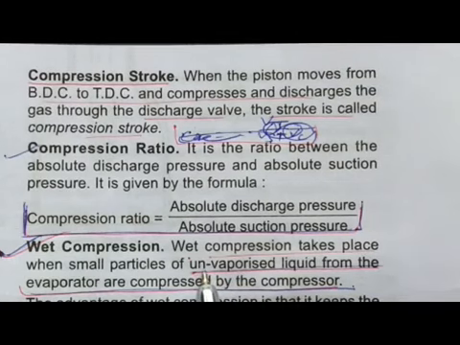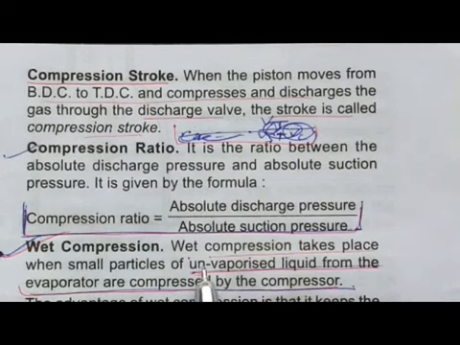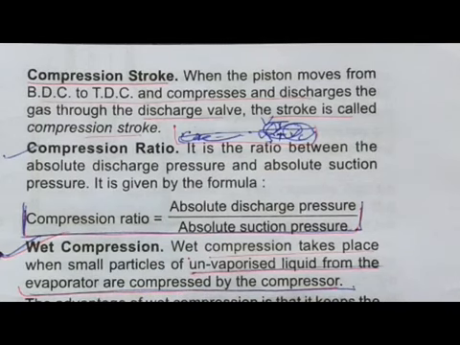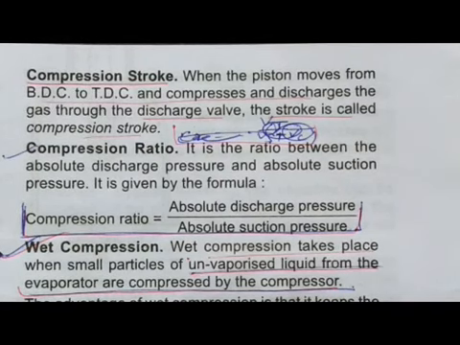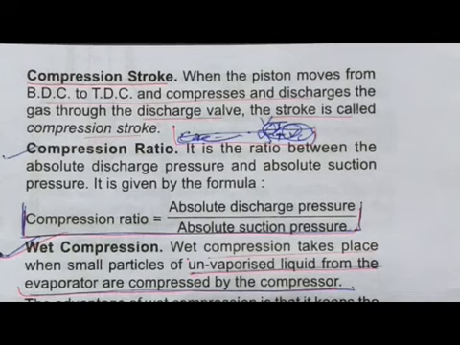When the vapor contains some amount of water droplets, liquid droplets, and that is getting compressed by the compressor, that is called wet compression. The advantage of wet compression is that it keeps the compressor cool, since the condition of the refrigerant is still liquid. Droplets are there, so that works as a coolant for the compressor.